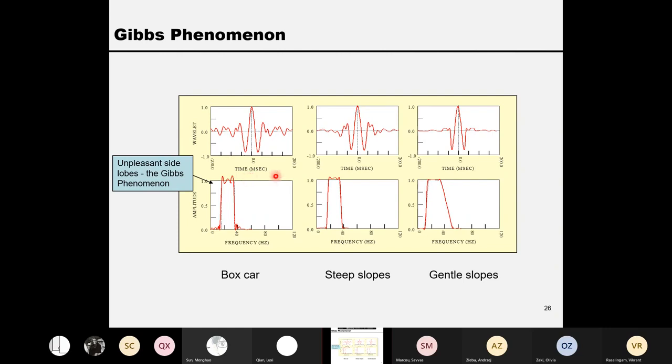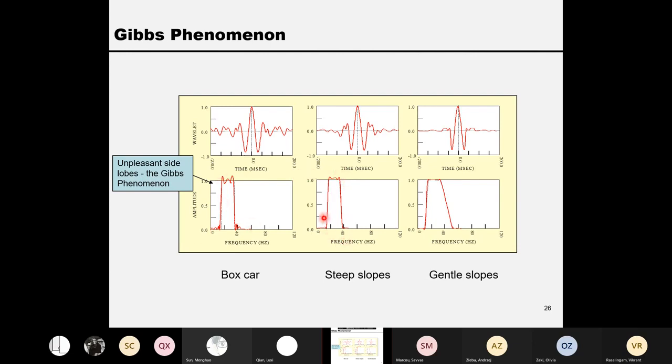What causes these two phenomena? Actually, it is this. The edge of the filter has two steep slopes. This one, the slope is too steep. This one is slightly wider, slightly lower, not a slope as steep as this one.